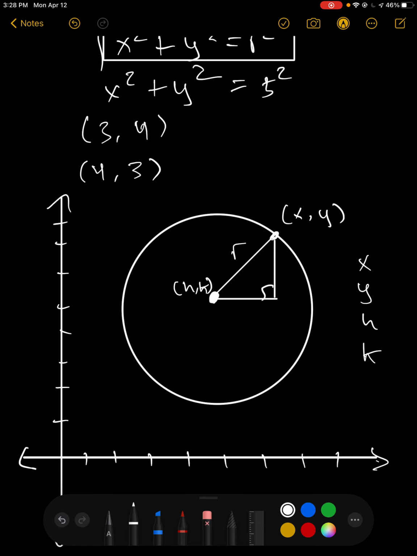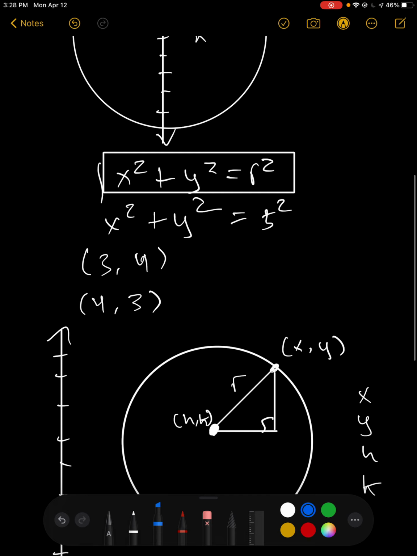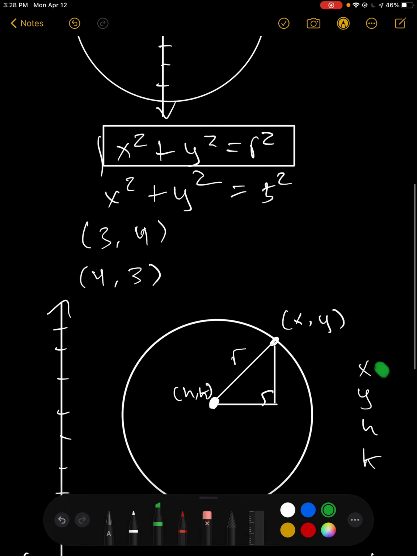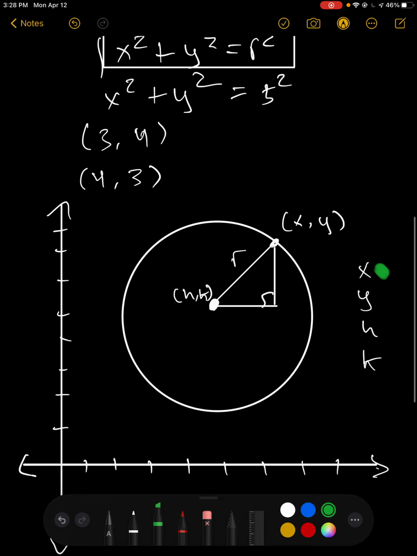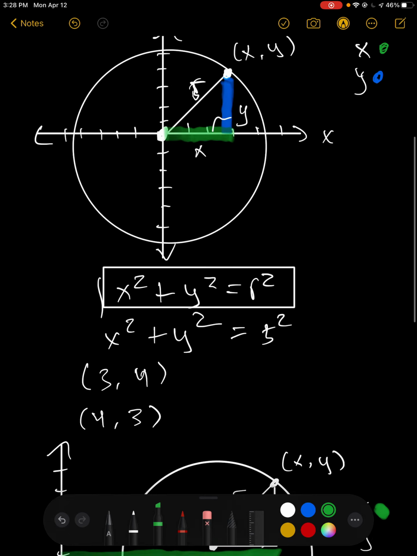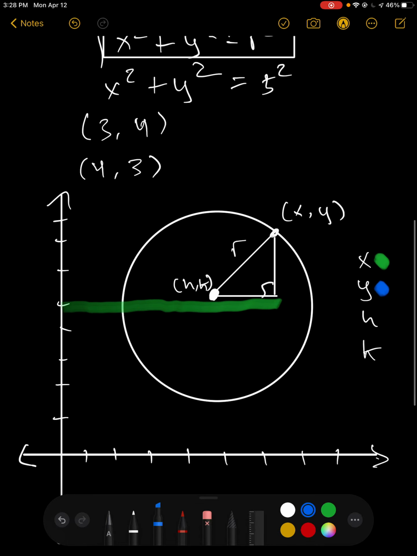We can keep our x the same. What was x? Green. Let's say that our x is going to be from 0 all the way over here, because that's the point we're working with. And we made y blue, so y is going to be from down here all the way up to where our point meets: x units over, y units up.